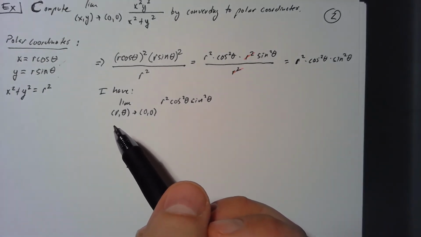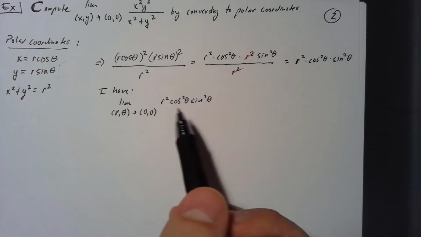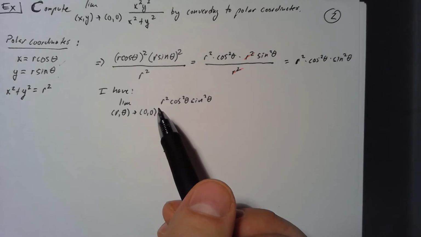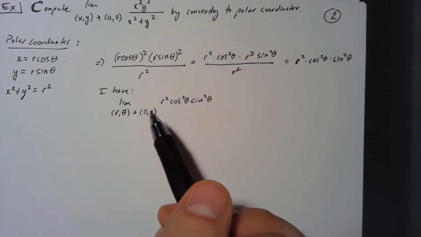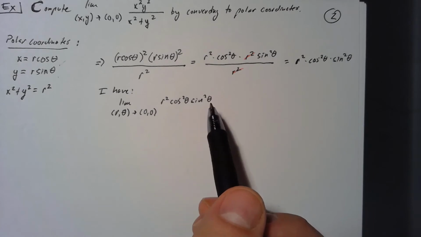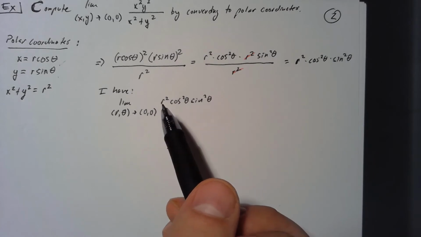If I plug in the value, see what you get. What's cosine at 0? Cosine of 0 is 1. Sine of 0 is 0. And r is going to be 0.